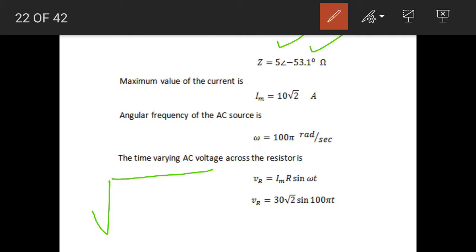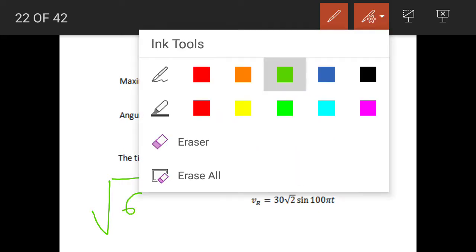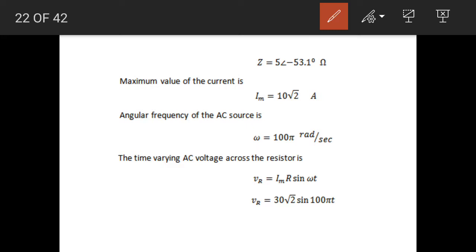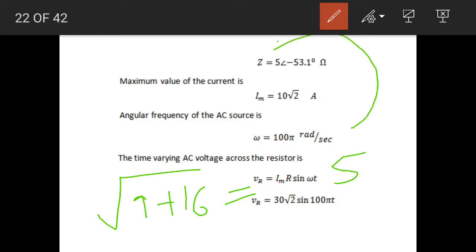As R is 3, 3 square will be equal to 9, and XC square will be equal to 16. So we get under root 25, and under root 25 will give you 5 ohm. So the magnitude of this impedance is 5 ohm.